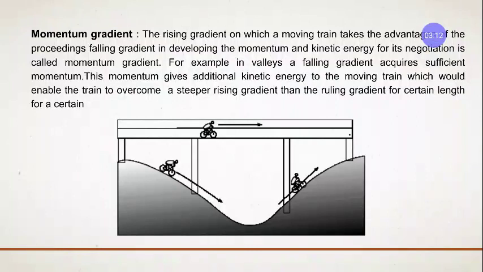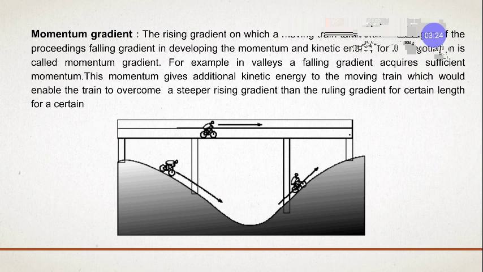What is a momentum gradient? So what is the momentum gradient we are talking about? A momentum gradient is provided when there is a rising gradient in front of you, like this.